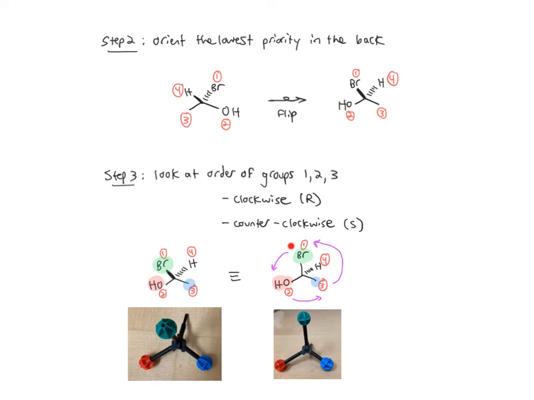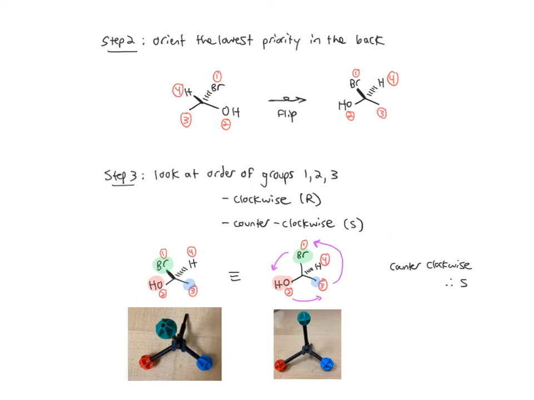So when we're counting priorities 1 to 2 to 3 and then back to 1, we're going in that counterclockwise motion. That's going to mean that this is an S chirality center. So we would say that that chirality center is S.